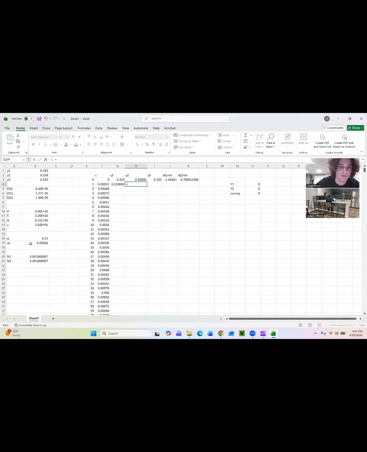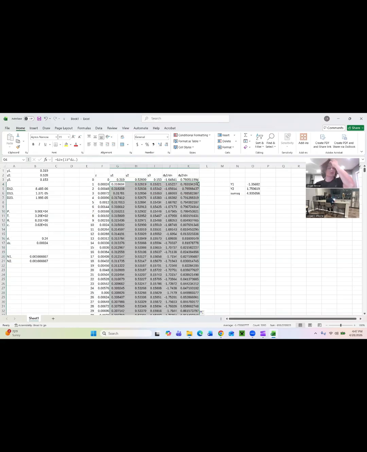This is going to equal our y2 plus our dy2 times our change in z. And then this is going to be 1 minus y2 minus y1. And these can be brought down. And when we do this, we can then bring that all the way down.